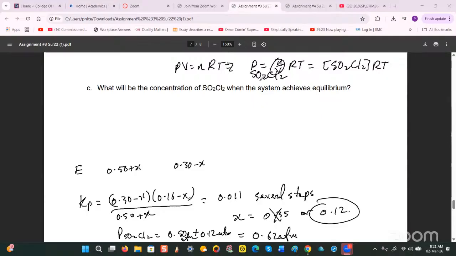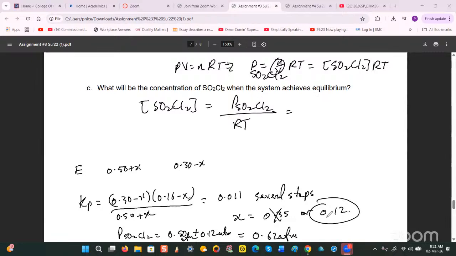So to get the concentration of SO2Cl2, we divide the pressure of SO2Cl2 by RT. So let me put RT here and then put the numbers in.